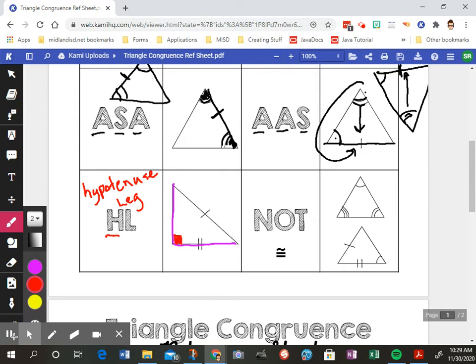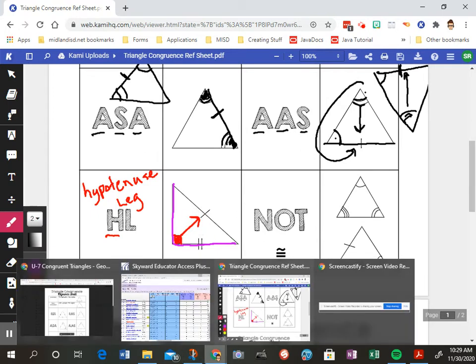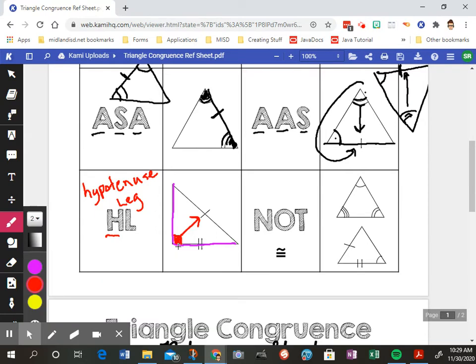The hypotenuse is the longest side in the triangle. It's also straight across from the right angle. And the leg is connected to the right angle. So here we have the leg and the right angle, the hypotenuse. Oops, that should be a double.